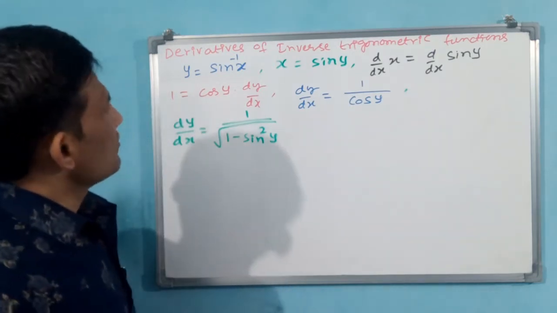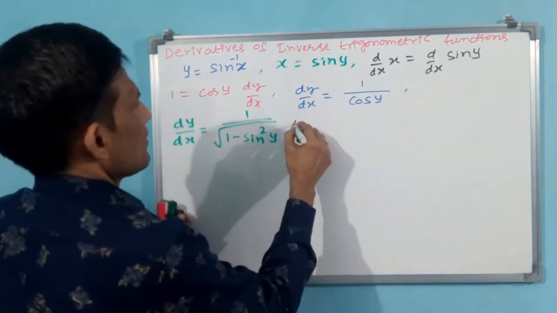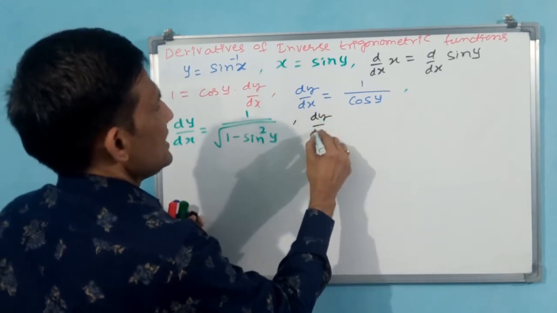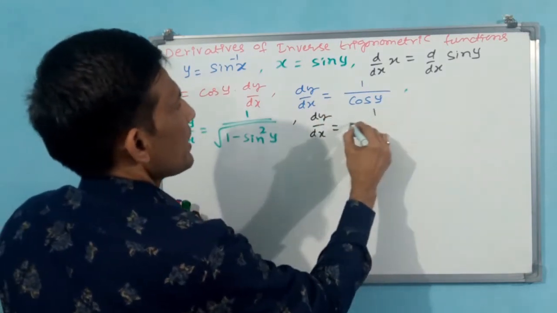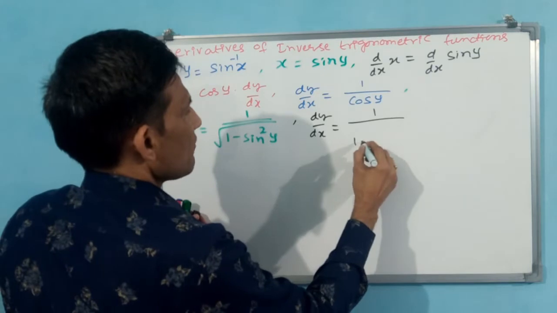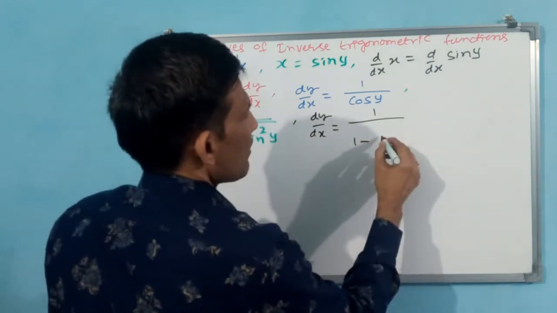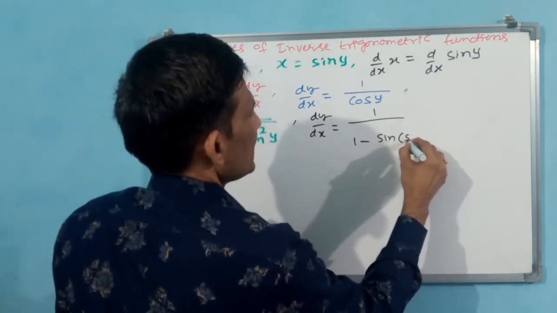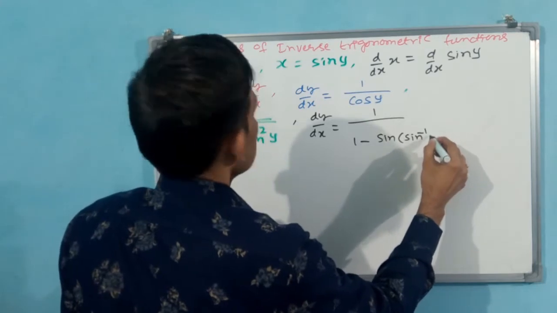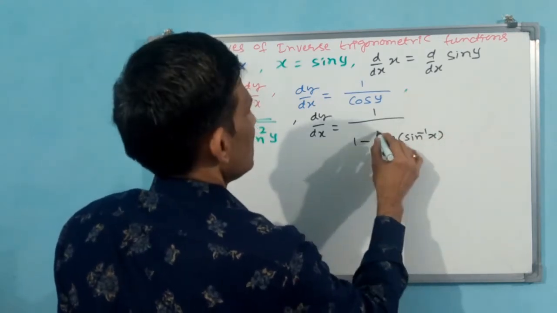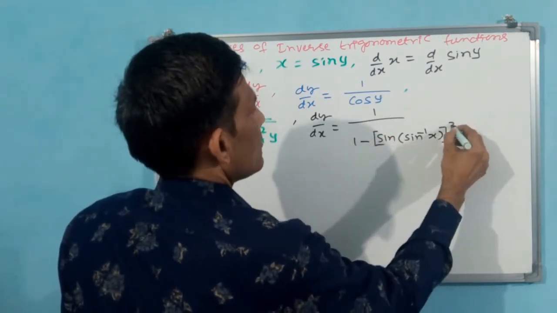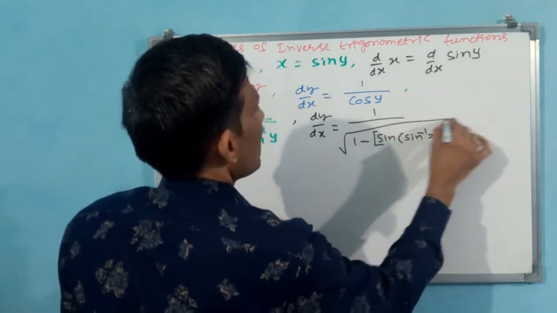Now you see what is going to happen. dy by dx is equal to 1 by, observe carefully, 1 minus sine square y, which means square root of 1 minus the whole square of sine of sine inverse x. Is it correct?